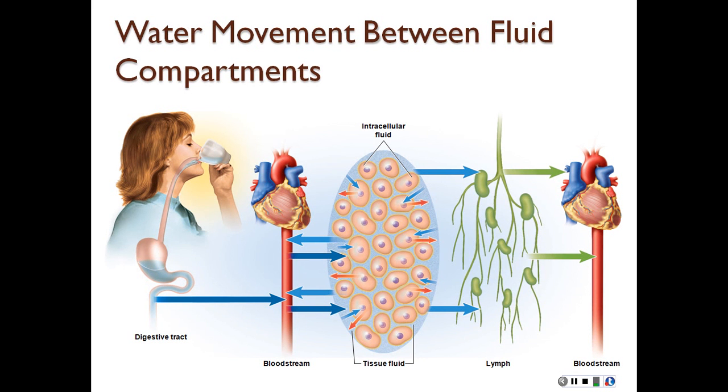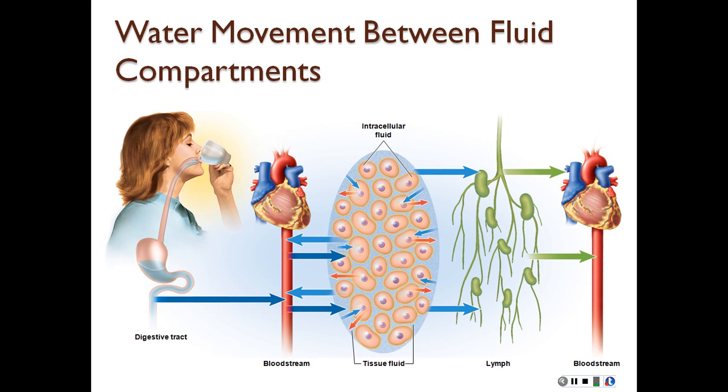Some fluid in the tissues is picked back up by the blood or pushed into the blood. There are different things that cause that. And then what about the fluid outside of the cell? Fluid outside of the cell is called what? Interstitial or extracellular. Very good.